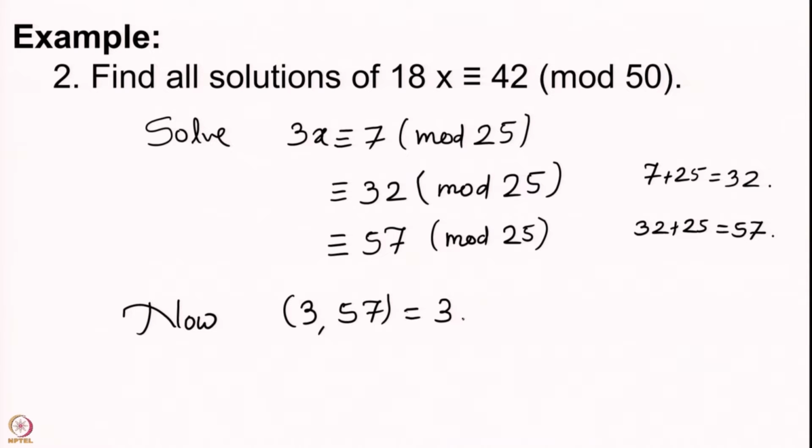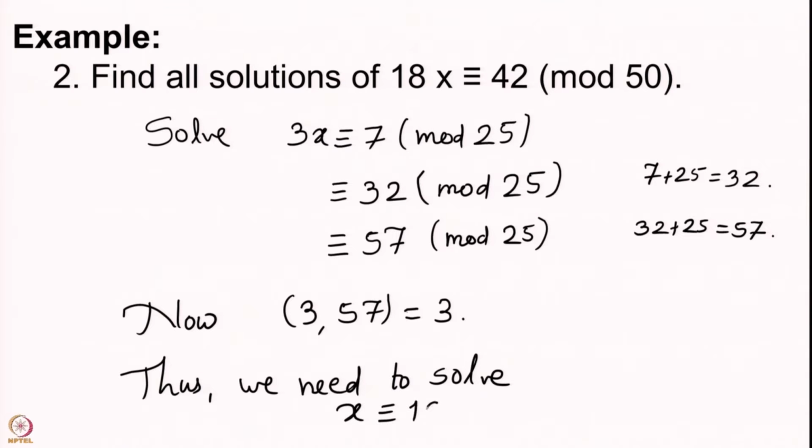We can cancel this, and thus we need to solve x congruent to 19 mod 25, but there is nothing to solve here. This is itself our solution.